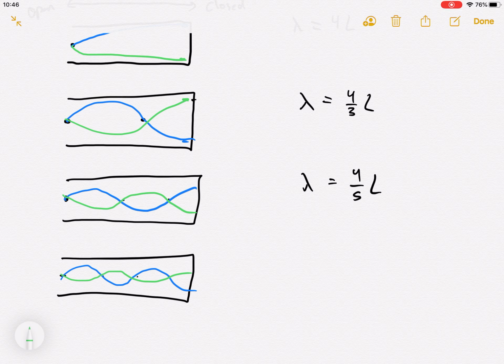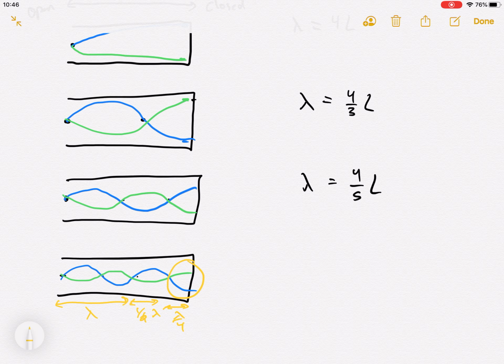Okay, so what do I have here? Well, again, that last little bit here, this bit, that's a quarter, and this is a full wavelength. This is a half wavelength. Half wavelength, and this is a quarter wavelength. So L equals lambda plus half lambda plus quarter lambda.